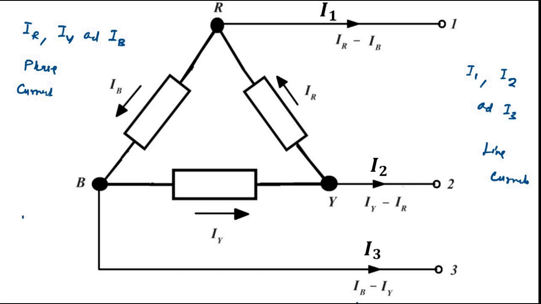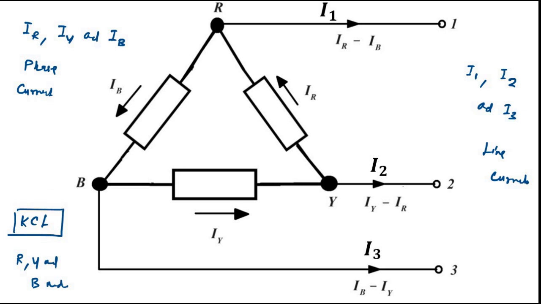This is a simple application of Kirchhoff's current law at each node, R, Y and B. KCL application at the R, Y and B nodes gives the respective line currents I1, I2 and I3 in terms of the respective phase currents IR, IY and IB.